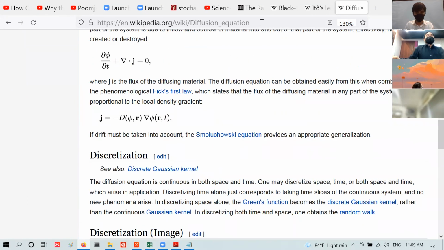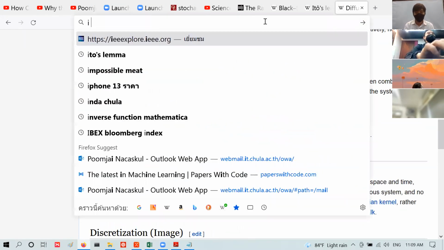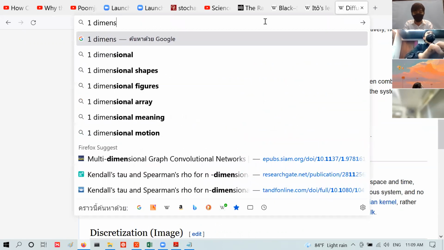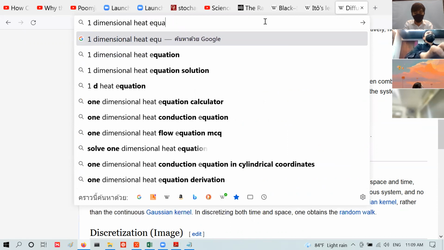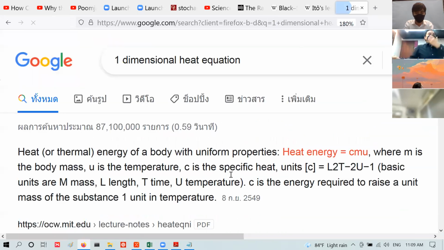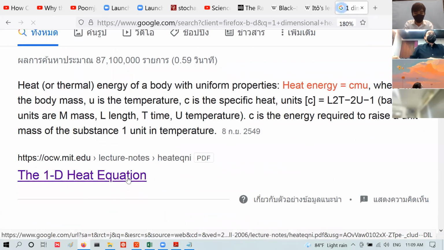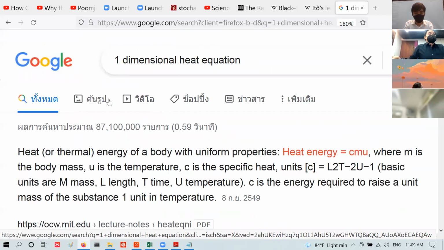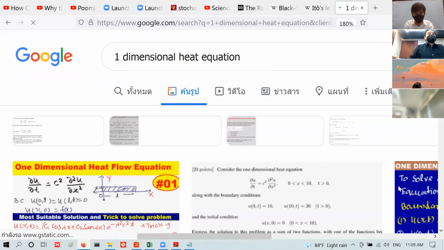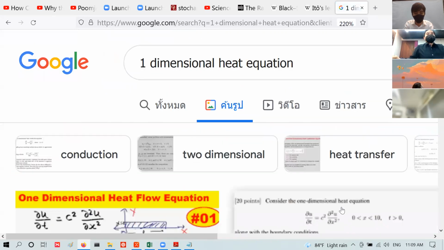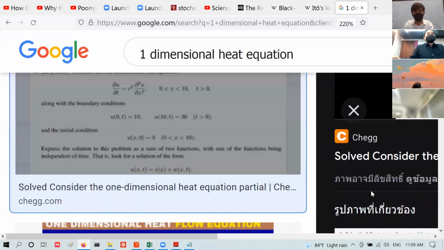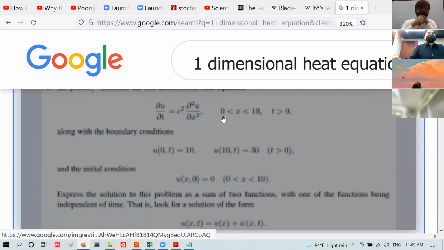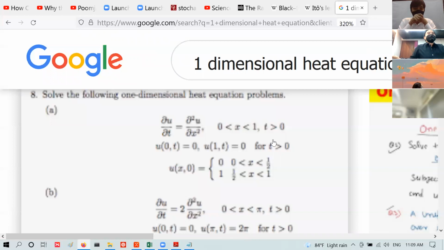Let's see if there's a simpler one-dimensional heat equation. This has to look simple. The 1D heat equation. Come on. That's it. It's this one. It's as simple as it gets. Okay, except I can't write in the notes form. That's what this is.